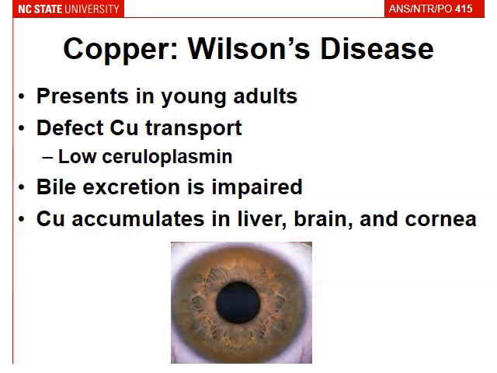And they also have bile excretion that ends up being impaired, so you have low copper transport, you're not excreting the excess copper that you may have, and so eventually you're going to end up having accumulation of copper within the liver, brain, and cornea.